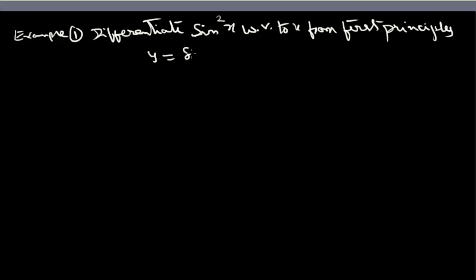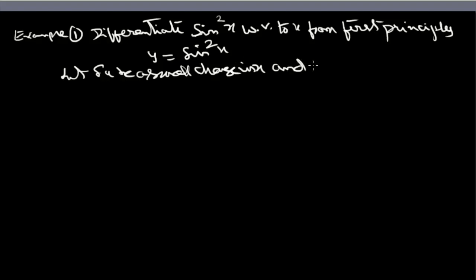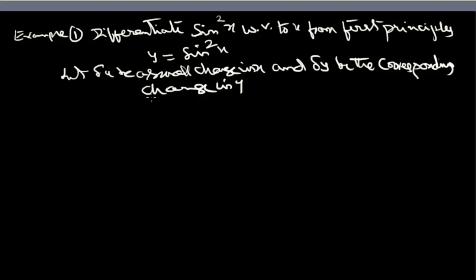Y is equal to sin squared x. Let delta x be a small change in x and delta y be the corresponding change in y. Then you can see y plus delta y is equal to sin squared of x plus delta x, and below that y is equal to sin squared x.